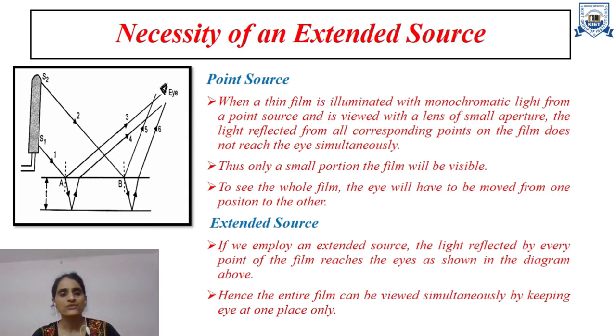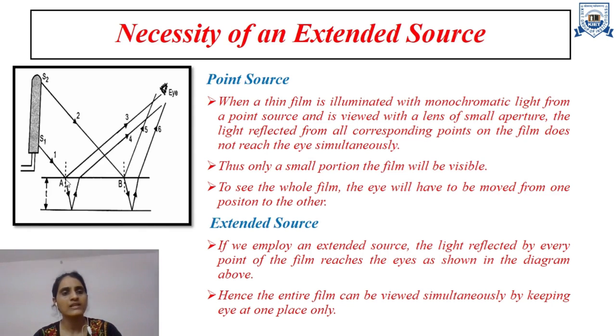In case of a point source, if we consider a thin film of uniform or non-uniform thickness, and that film is illuminated with monochromatic light from a point source, then what happens? The light is reflected from all the corresponding points of the film.